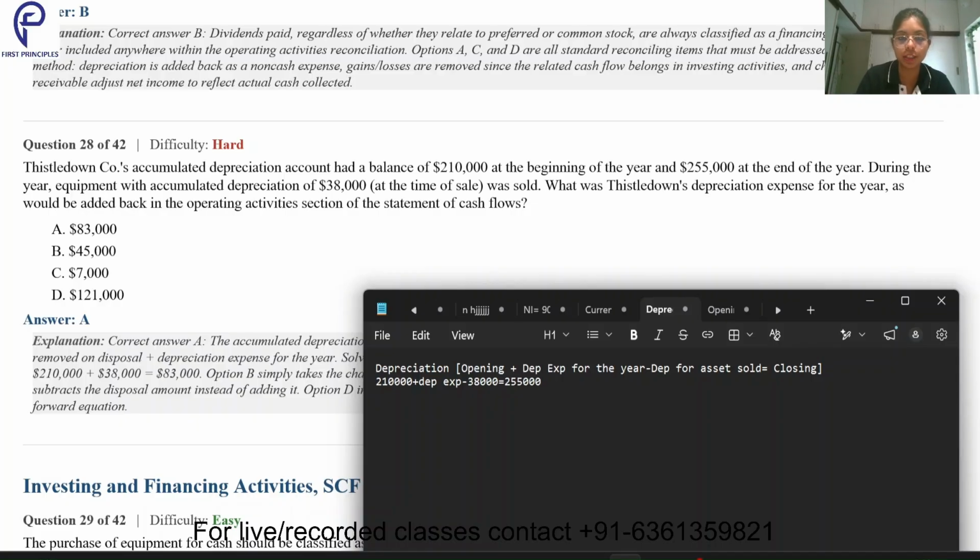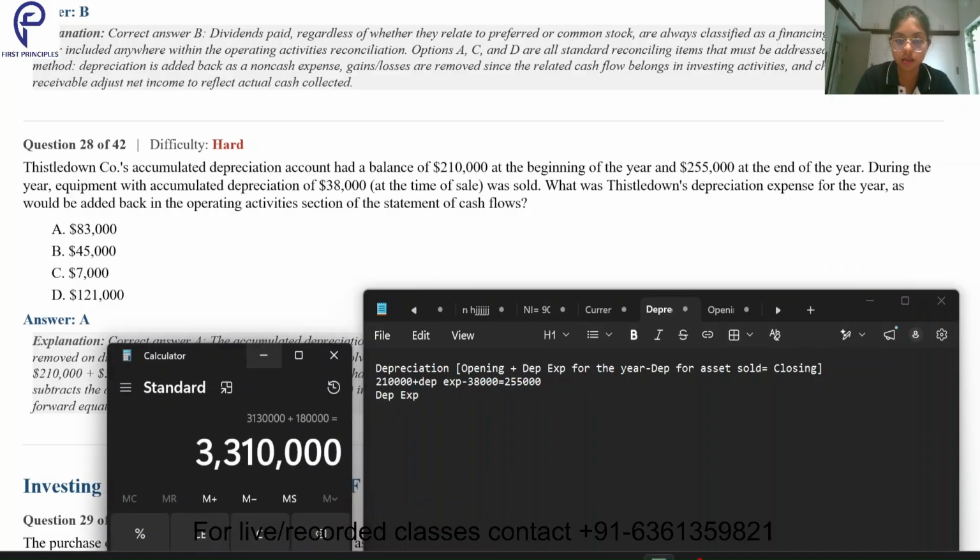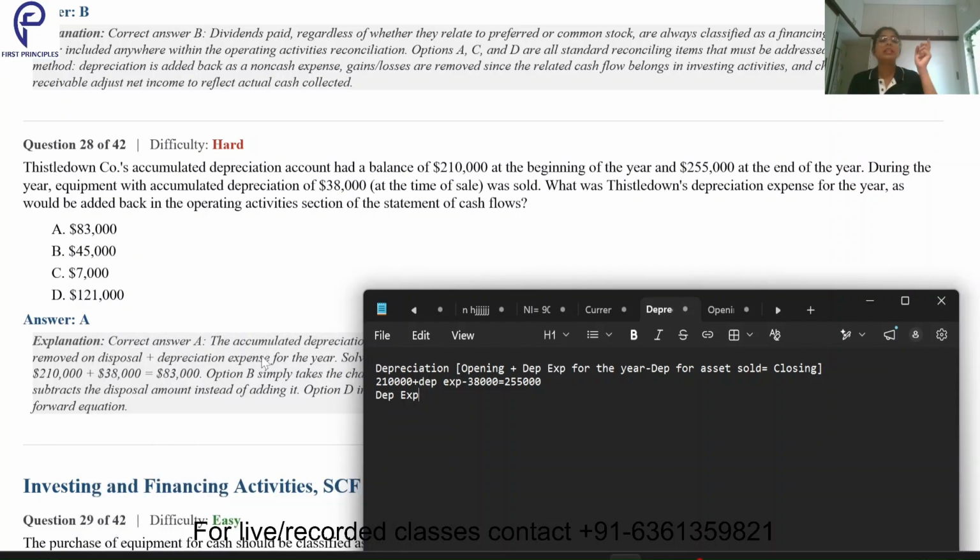Now if we do the calculation, 2,55,000 minus 2,10,000 plus 38,000 gives me 83,000 as my depreciation expense. Very simple, straightforward question. What we need to keep in mind is that whenever an asset is sold, the accumulated depreciation on that particular asset has to be removed from my accumulated depreciation account.